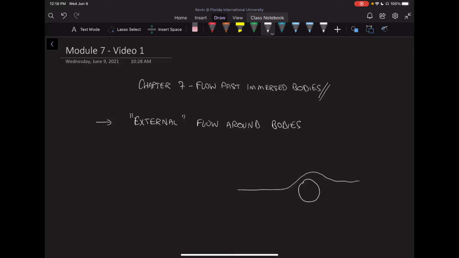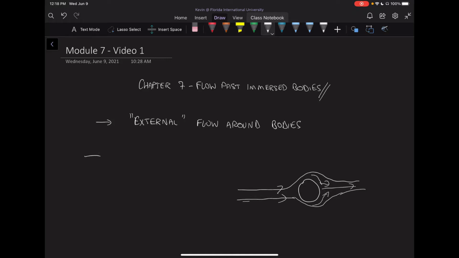We would analyze the flow around the sphere by looking at the streamlines and by looking at what happens in the wake, so what happens in the back. And there's really three different parts that we're going to be interested in when we study external flow.